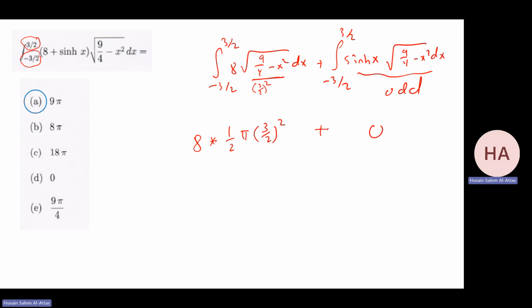What will that be? That will be 8 times 9 by 2 squared 2. That will be 9 pi, which is this one. Okay.